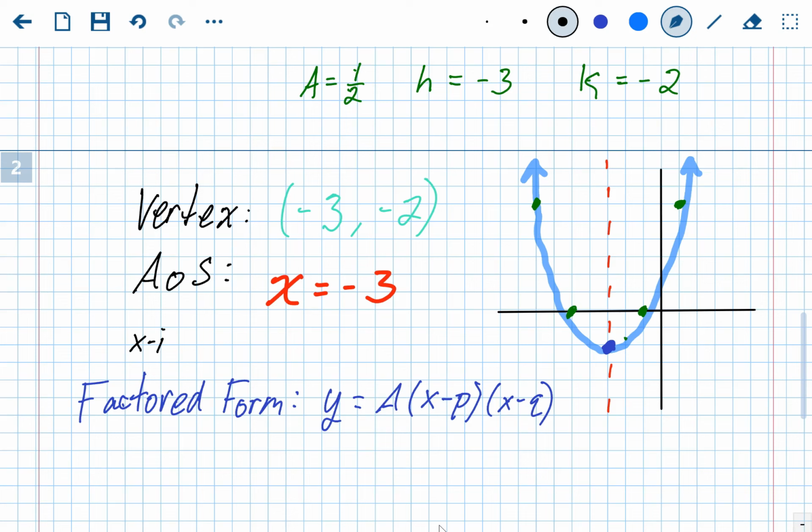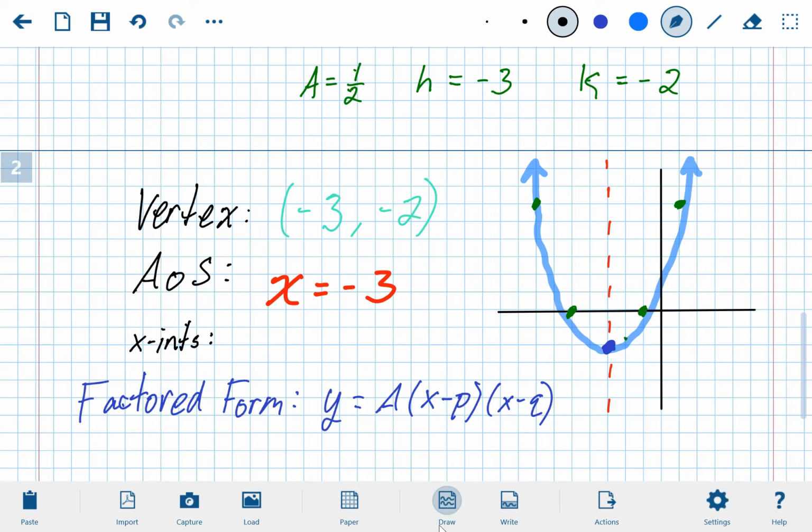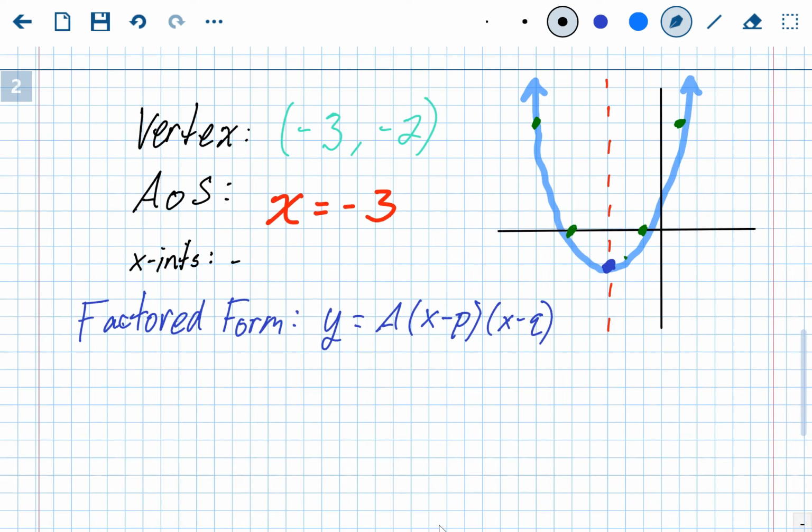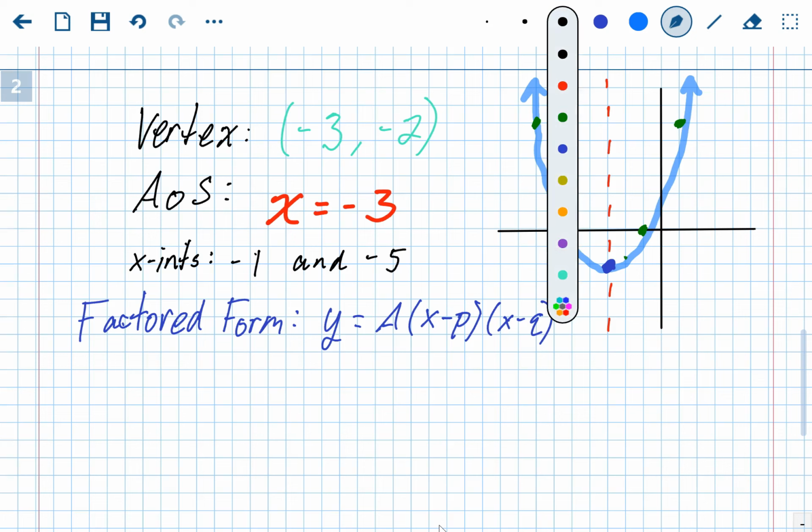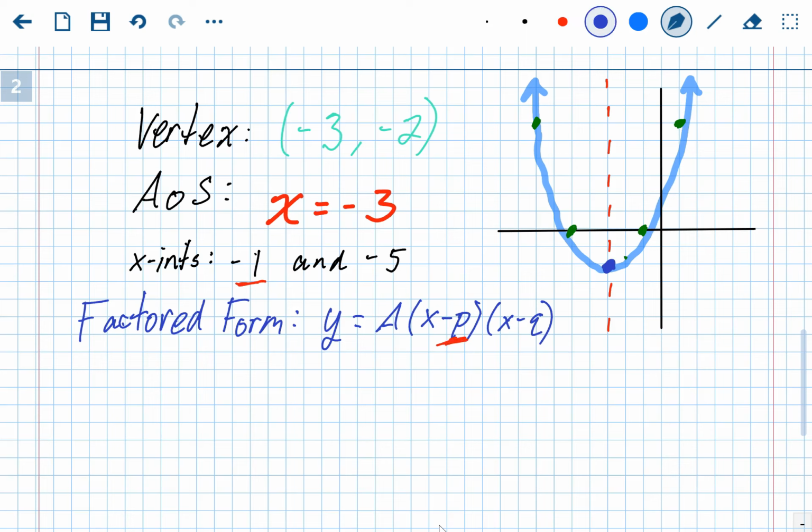The x-intercepts from the graph are -1 and, counting 1, 2, 3, -5. That's your p and that's your q. So we could plug those in.